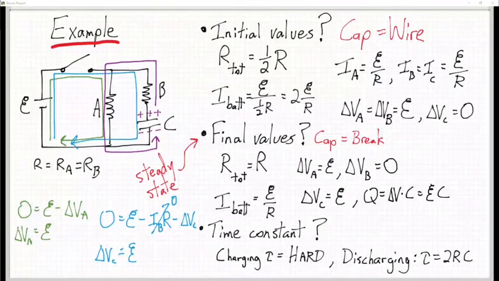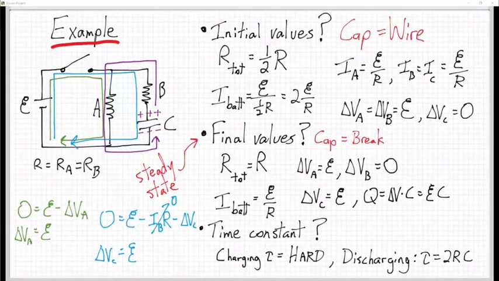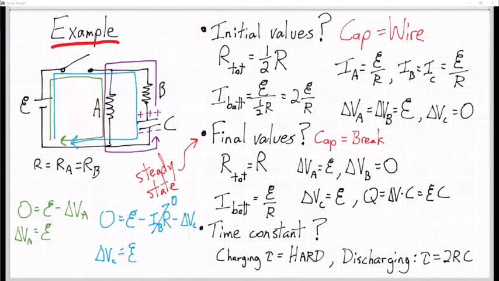But now that we've changed the switch, A and B are in series with each other instead. So the total resistance of the discharging circuit is 2R. The capacitance of the discharging circuit is C. And that's where this time constant of 2RC comes from while discharging.